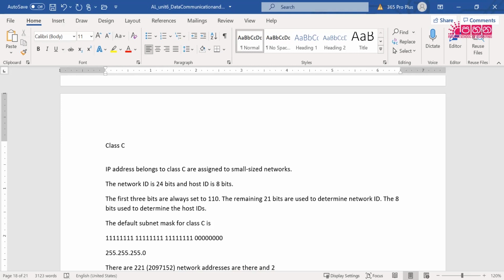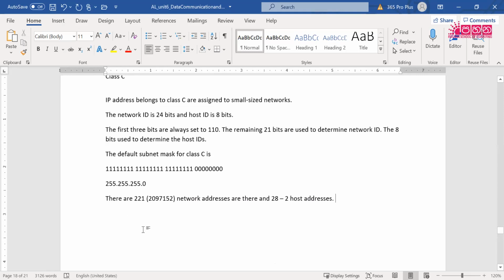And 2 to the power 8 minus 2 host addresses.